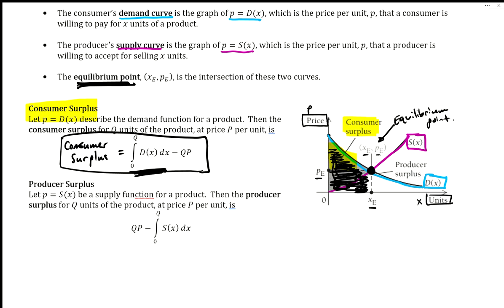But I don't want this whole total area, so that's why I'm going to erase it. We don't want all of it. We only want the highlighted portion, so we have to take away the area of this rectangle. And Q times P is the area of that rectangle. They might say this is Q and this is capital P, but usually we're doing it at the equilibrium.